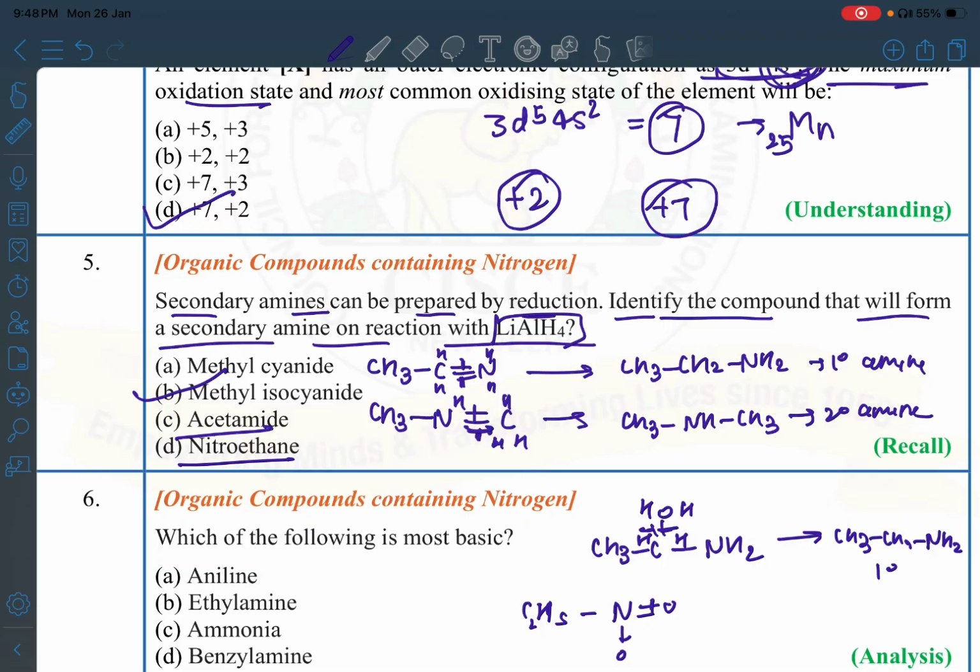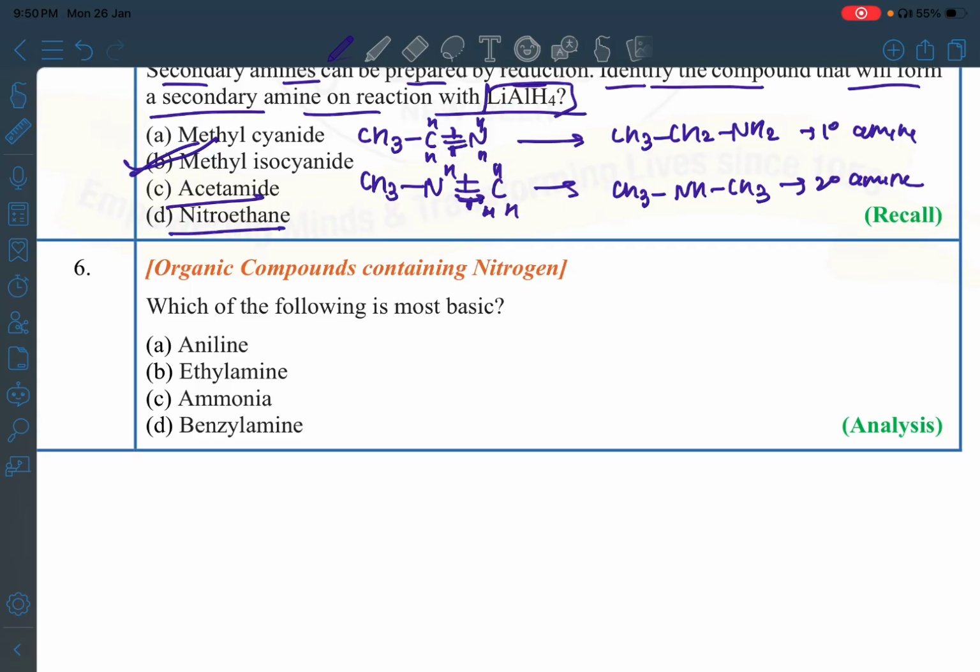So this bond breaks, one hydrogen here, one hydrogen here, this bond breaks, one hydrogen here, and two hydrogens here. So this is also converted into a 1 degree amine. So the correct answer will be B. Okay. So isocyanides generally give us 2 degree amines.